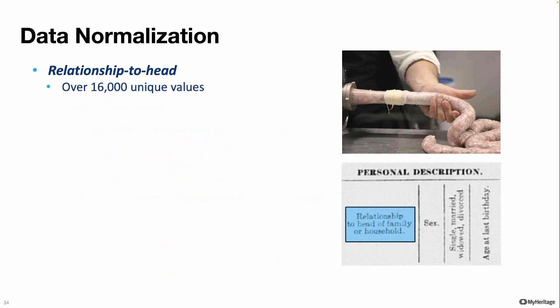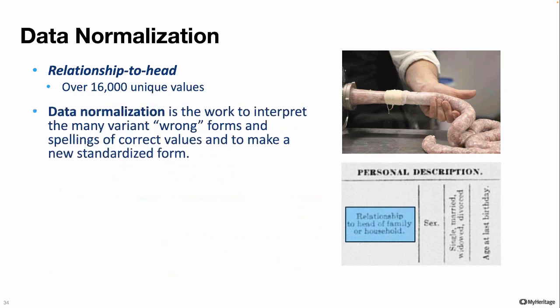So you and I could probably sit down and think, yeah, maybe we'd get a couple hundred unique values here: sister, grandmother, niece, cousin, cousin-in-law, great-grandfather, grandnephew, whatever. But we get an index back like this, and we'll have tens of thousands of unique values. In this case, we had over 16,000 unique values of relationship to head.